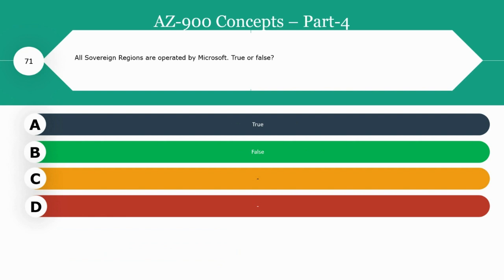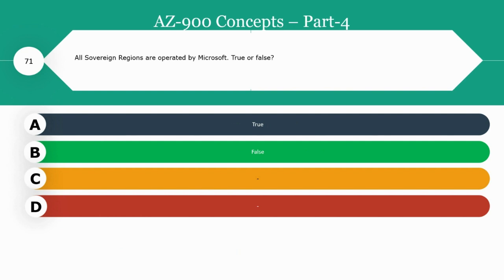Next question is, all sovereign regions are operated by Microsoft. Again, part of the answer I provided already. Azure sovereign regions are operated by Microsoft for the most part, but as per Chinese law, those are only given to companies with less than 50% of foreign interest.